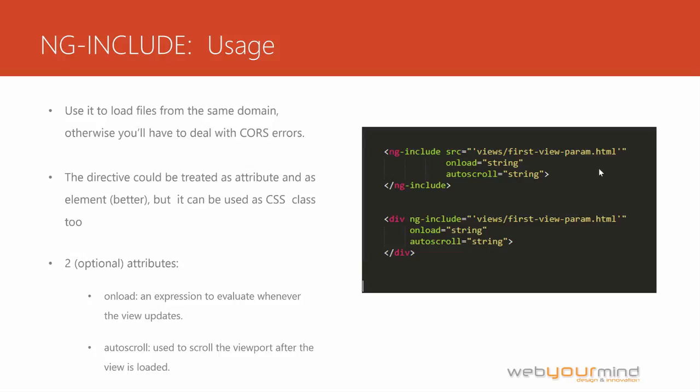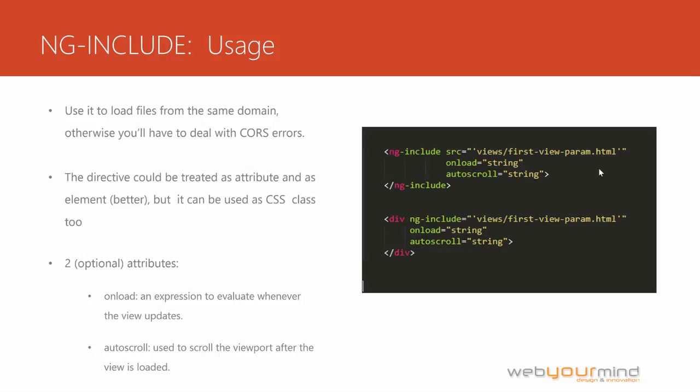You can have a directive that is available in all three ways, and this specific directive actually is, so you can use it as an element, as you can see from the example, or you can use it as an attribute, so you can type div ng-include, or you can use it as a class, so it will be div class equals ng-include.